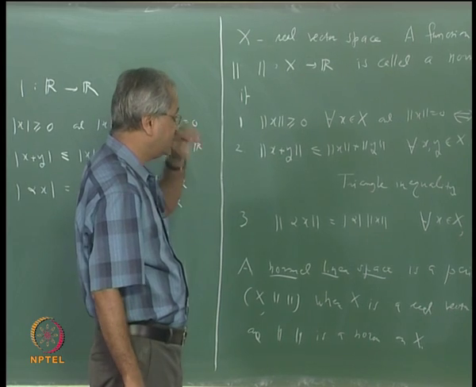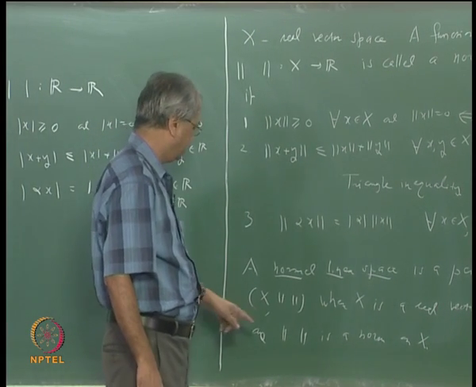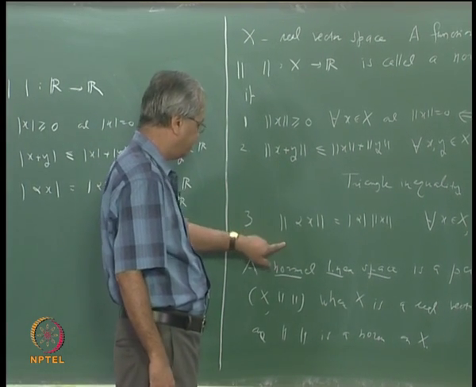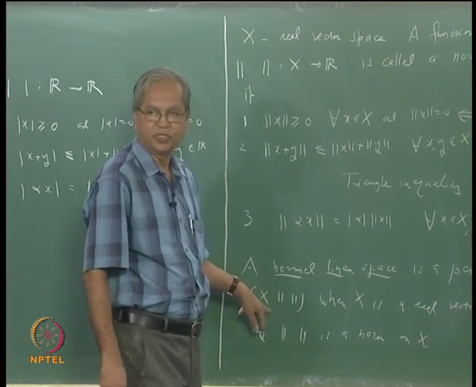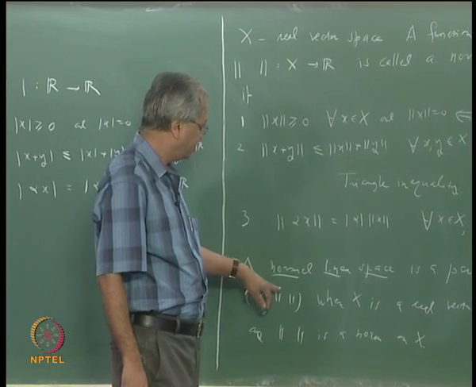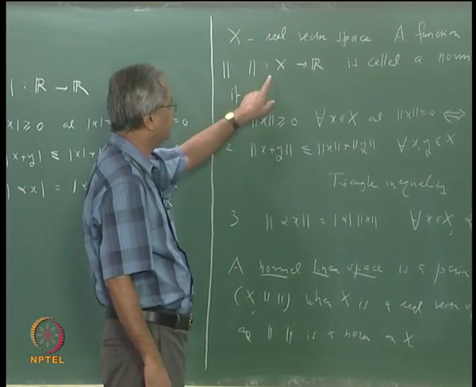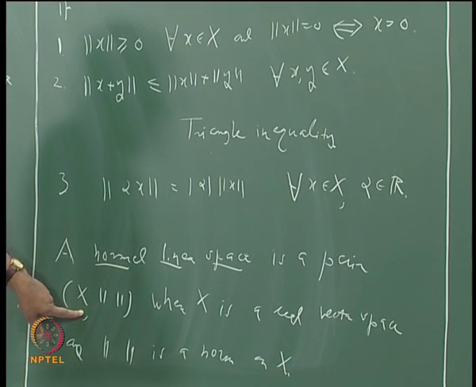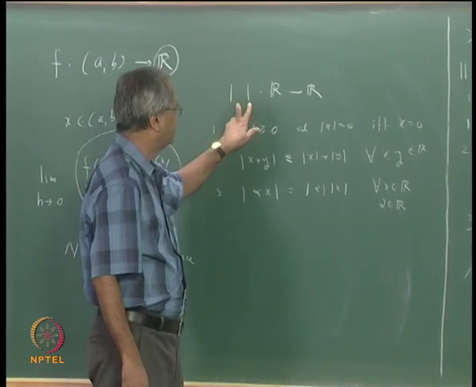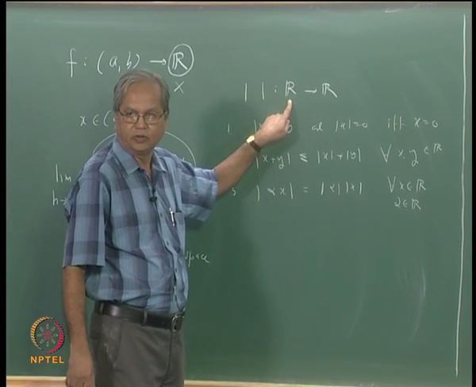Now what is the relationship between a vector space, a normed linear space and a metric space? As I said just now, every normed linear space is a metric space. How does that happen? For that you have to give a function which goes from X cross X to R starting from this norm. Here you have the properties of the absolute value on the real line.